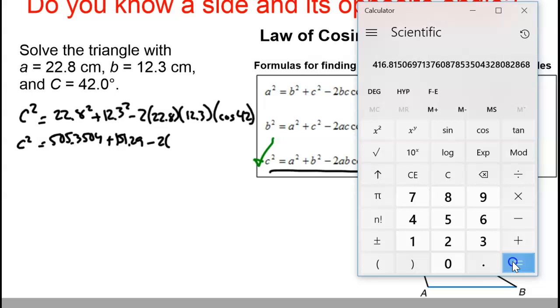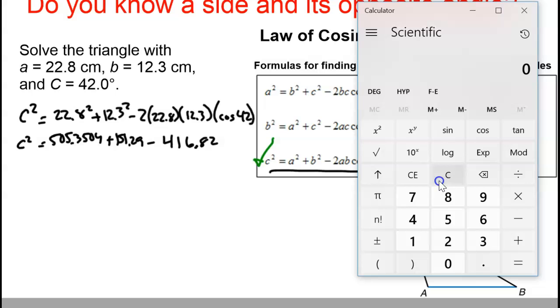And then we will get on this side, minus 416.82.